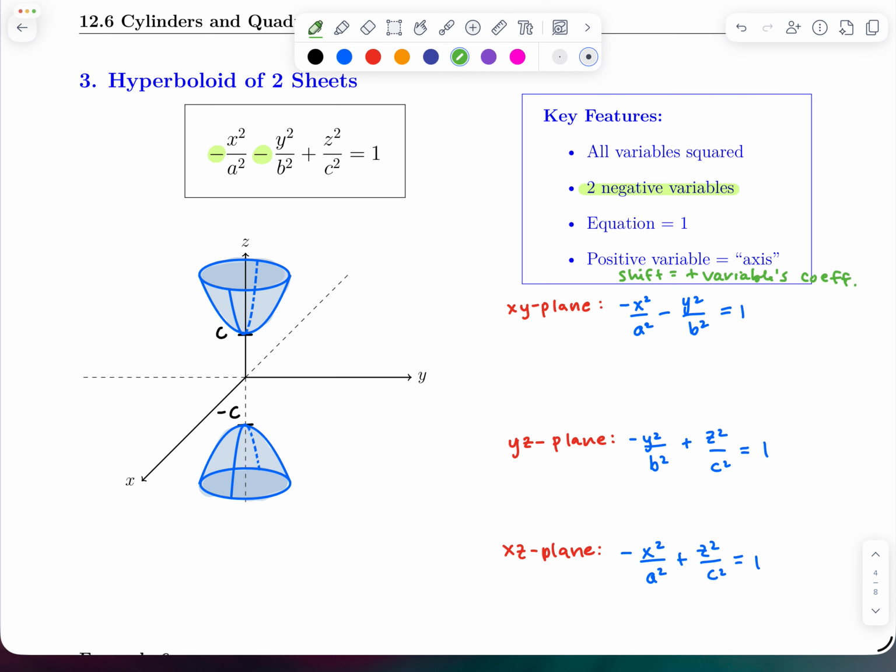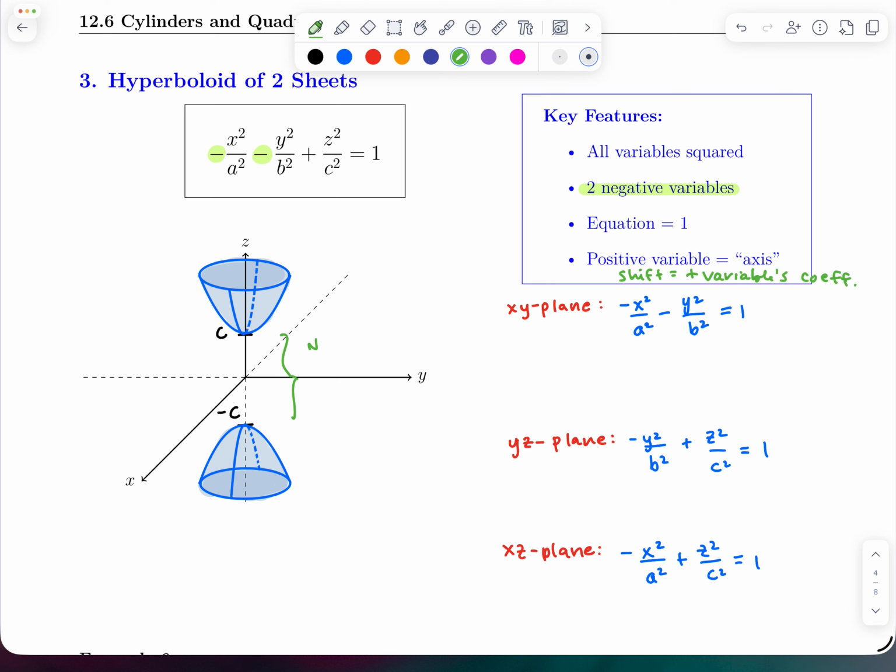So I'm asking myself, what am I going to see if I were to slice my quadric surface at z equals 0? And if you come over to this graph, you notice that there is no graph between plus and minus c.